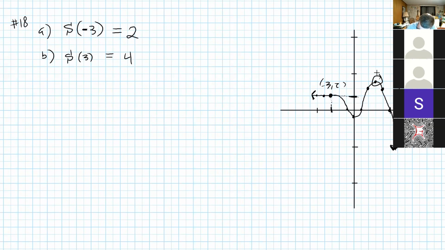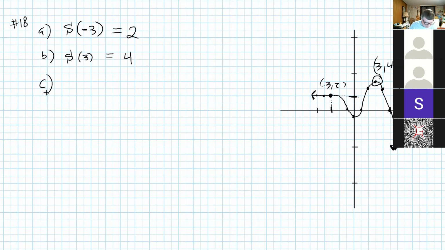We're talking about that point right there, aren't we? The input is 3, the output is 4. Okay. Good to go? So far so good. All right.